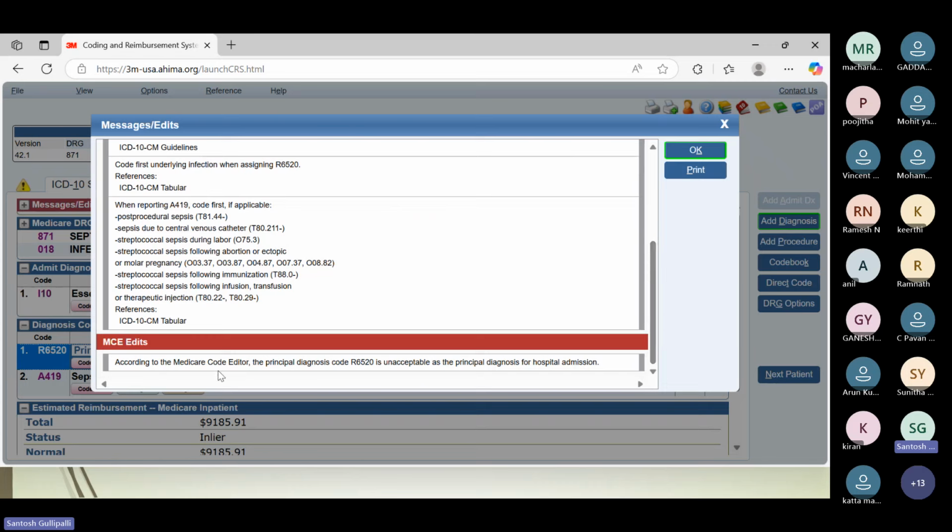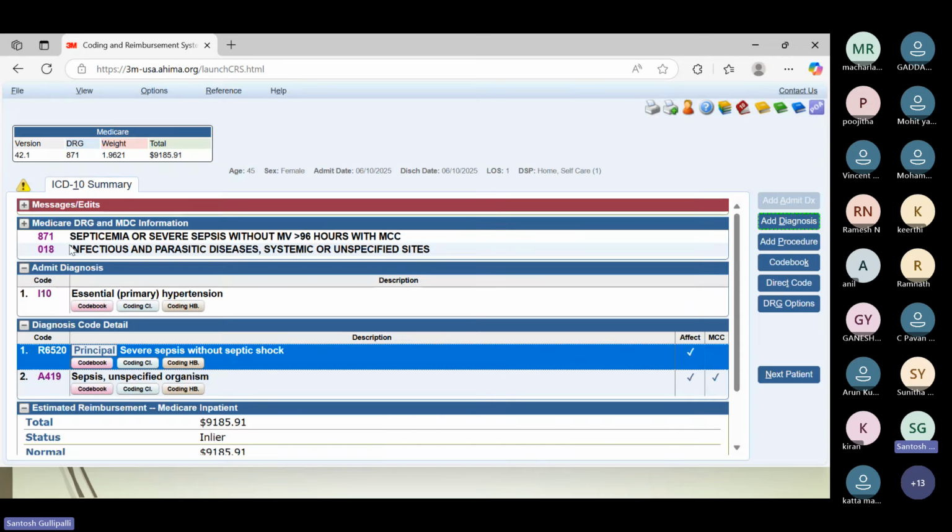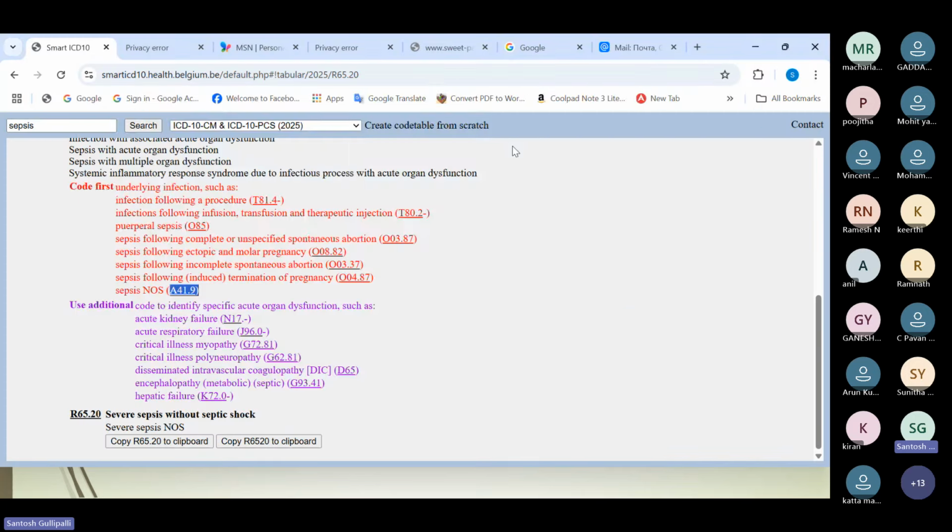According to the Medicare code edit, the principal diagnosis R65.20 is unacceptable. The dollar value may be very high, but that is illegal. That is not correct.